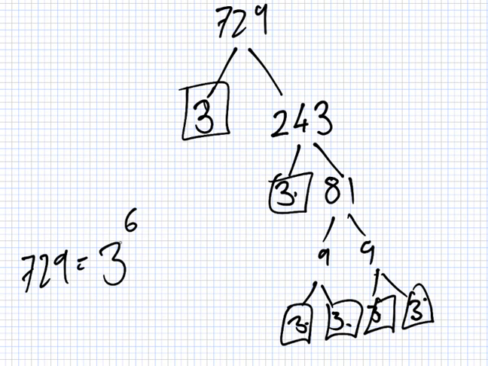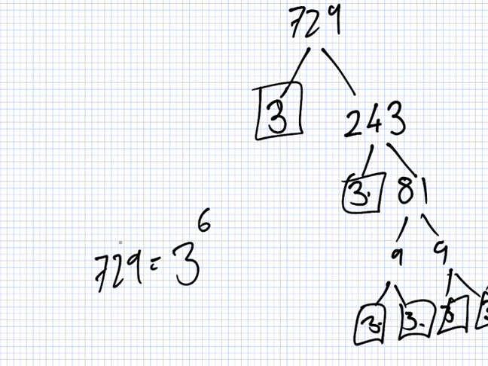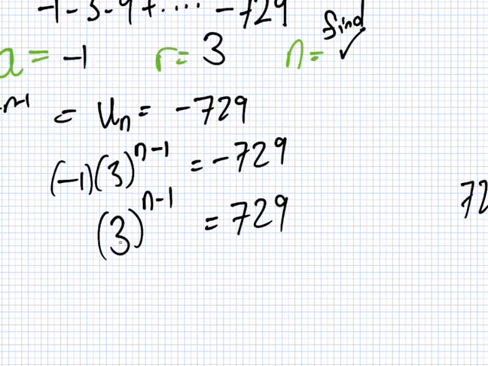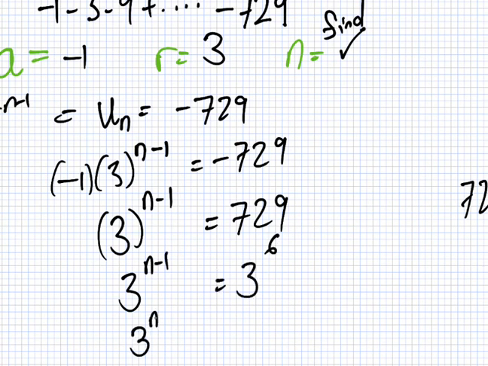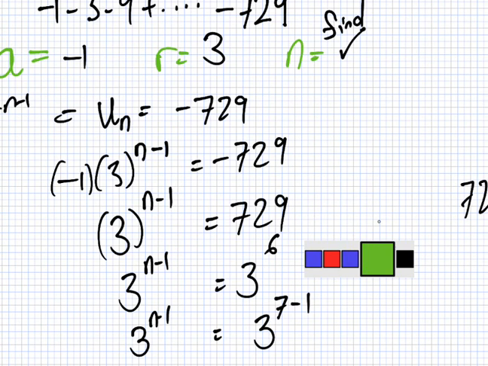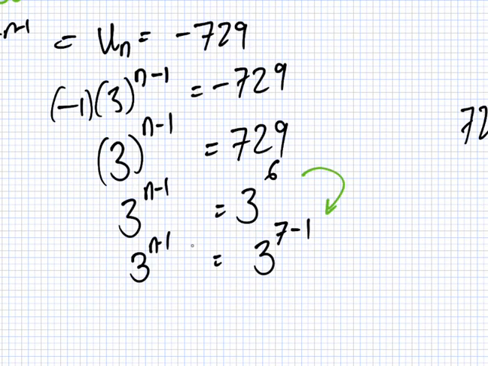I can go back? Okay, so if we look here, we have 3 power n minus 1 equals 3 power 6. 3 power n minus 1 equals 3 power 7 minus 1. Now the reason I changed 6 into 7 minus 1 is it makes it very easy to see what the n is.